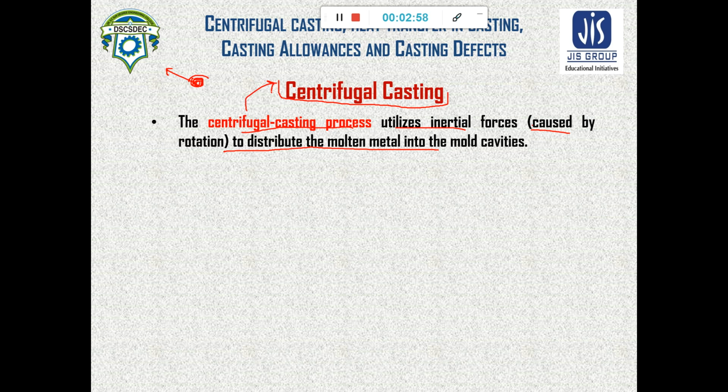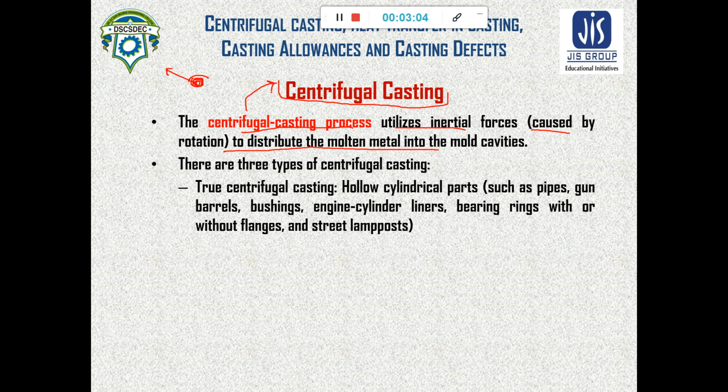Centrifugal casting is typically of three types. First one is true centrifugal casting. In true centrifugal casting, hollow cylindrical parts such as pipe, gun barrel, bushing, engine cylinder liners, bearing rings, with or without flanges, and street lampposts can be made.